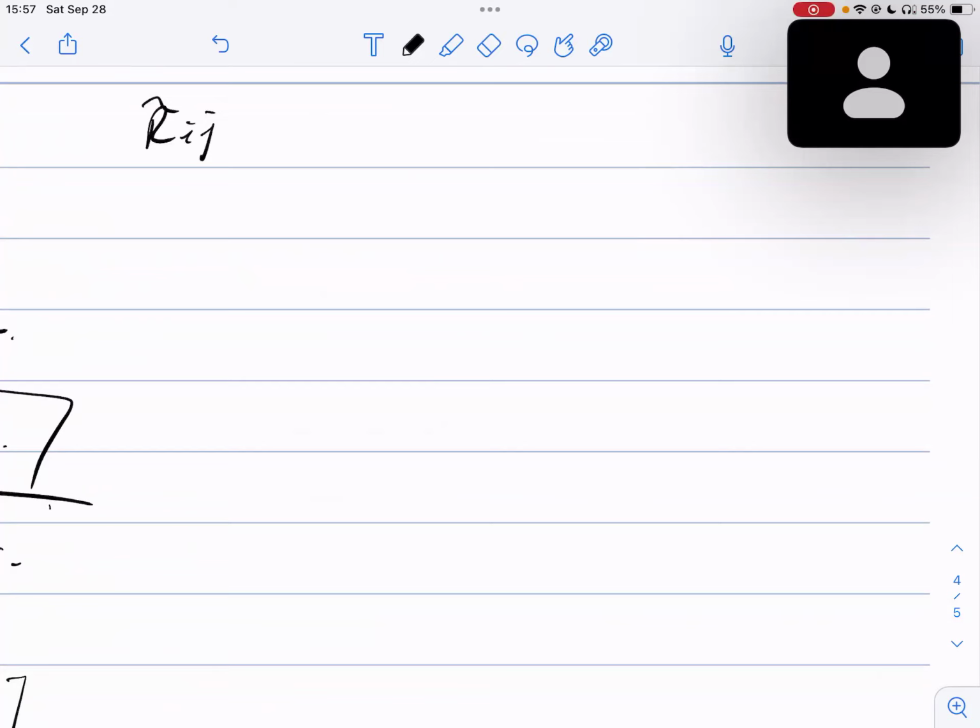Now we can calculate the Ricci tensor in the three-dimensional space. Recall the formula, the equation.